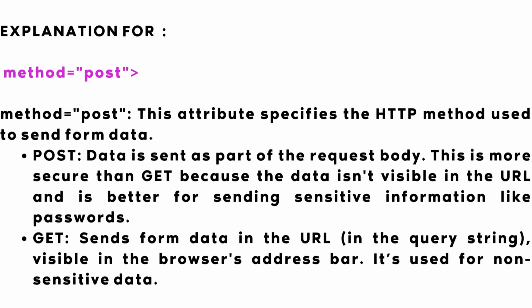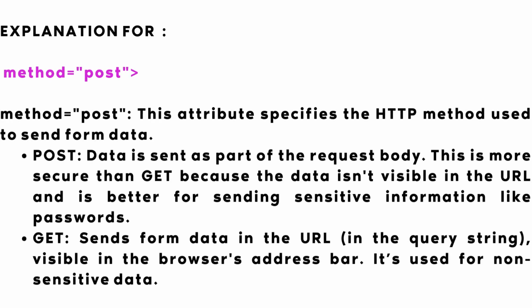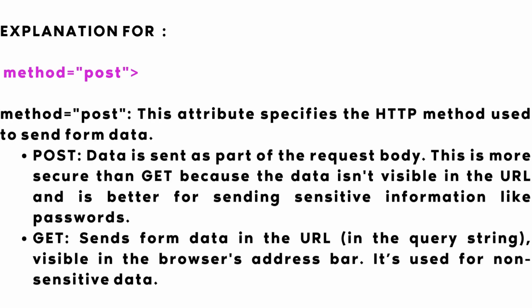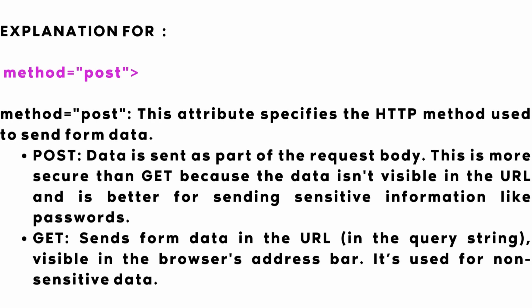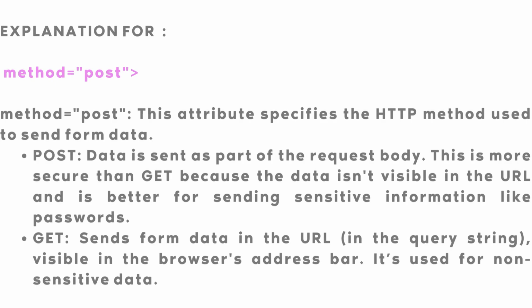This is more secure than GET because the data isn't visible in the URL, and is better for sending sensitive information like passwords. GET: sends form data in the URL as a query string, visible in the browser address bar. It is used for non-sensitive data. I'm going to explain POST and GET in a later part of the video.